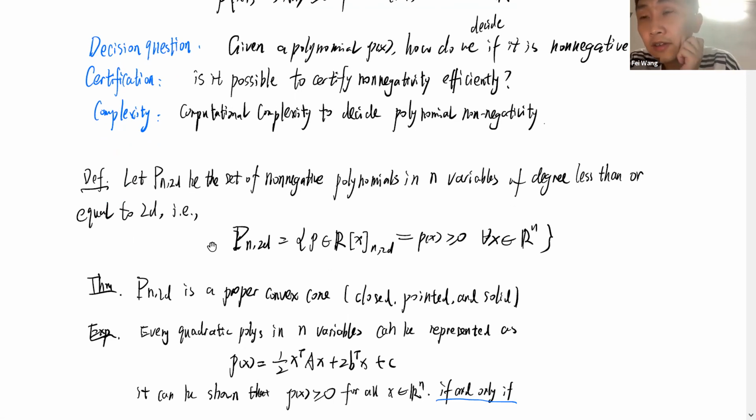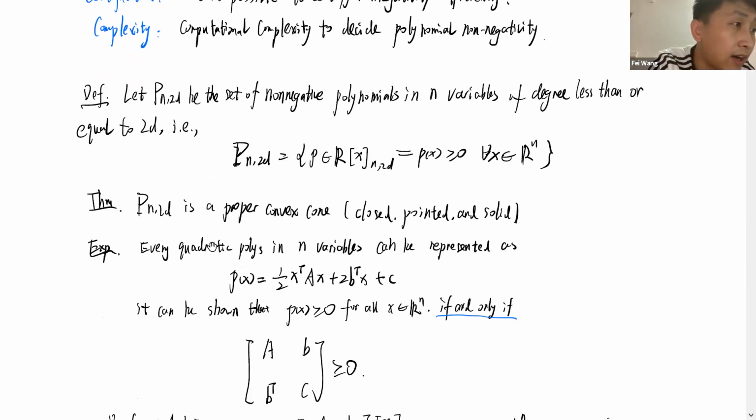If I have the monomial x^2 y^2, the degree is 2 plus 2, which is 4. There's a theorem that this set of non-negative polynomials P_{n,2d} is a proper convex cone. Proper means it's closed, pointed, and solid.